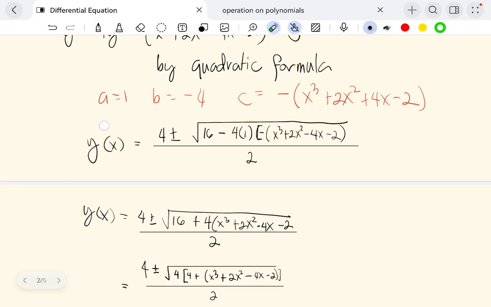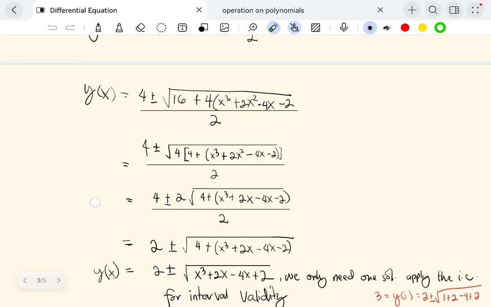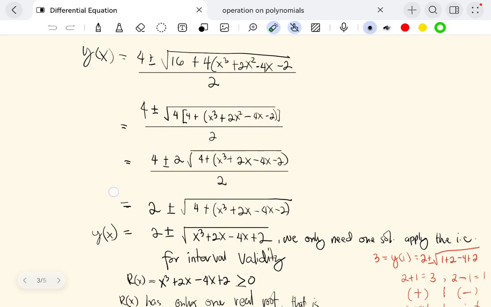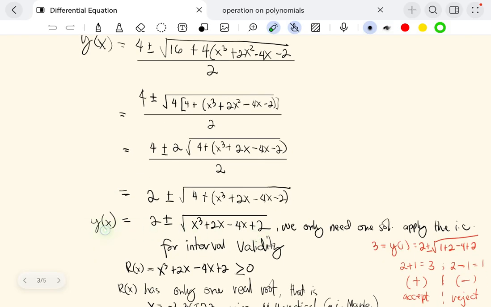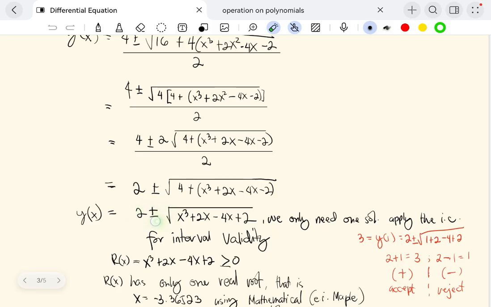And so on, and you will end up with y of x equals 2 plus or minus the square root and so on. Take note that we have two solutions, but we need only one solution. So apply the initial condition.